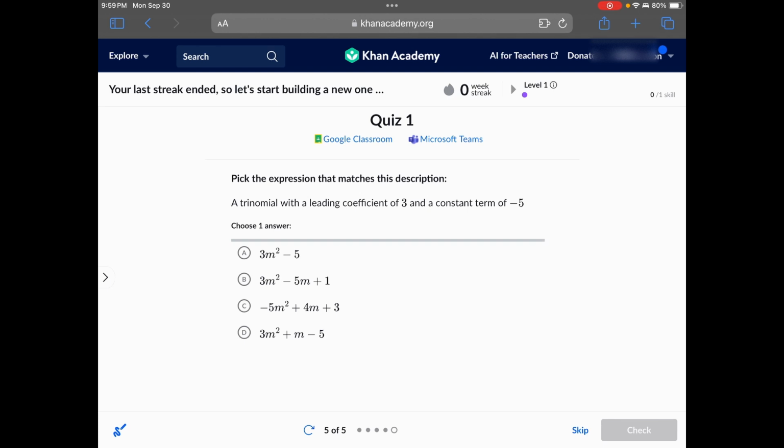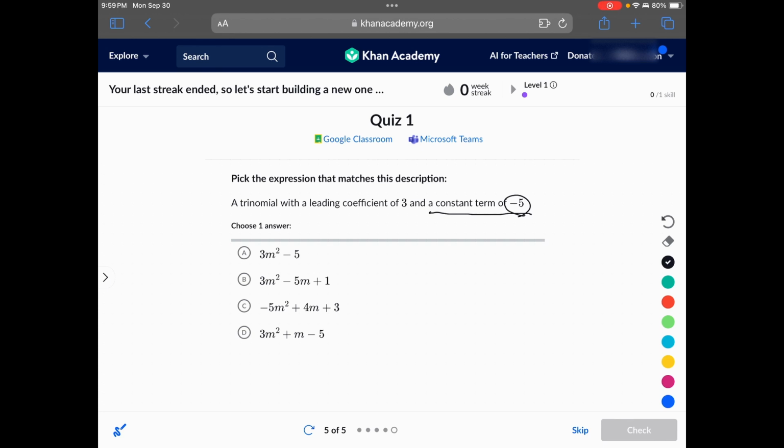The last question. A trinomial with a leading coefficient of 3 and a constant term of -5. So as soon as we see this, what do they ask about? They're asking about picking the expression that matches the description. The easiest part is the constant term of -5, which is going to be just a single -5.